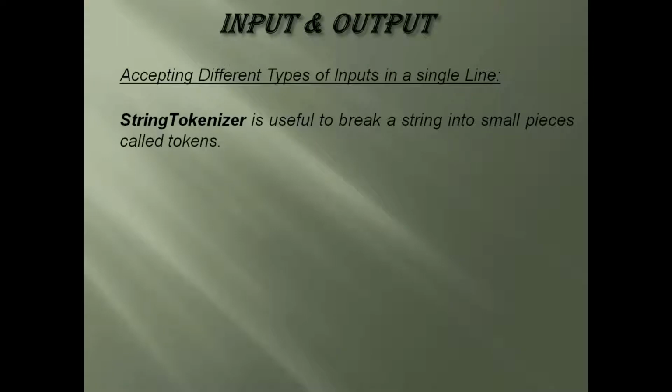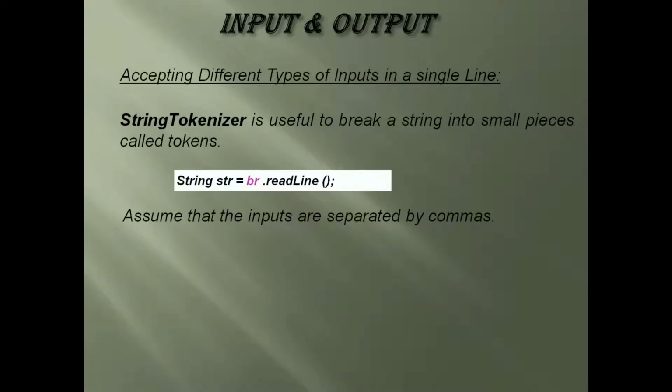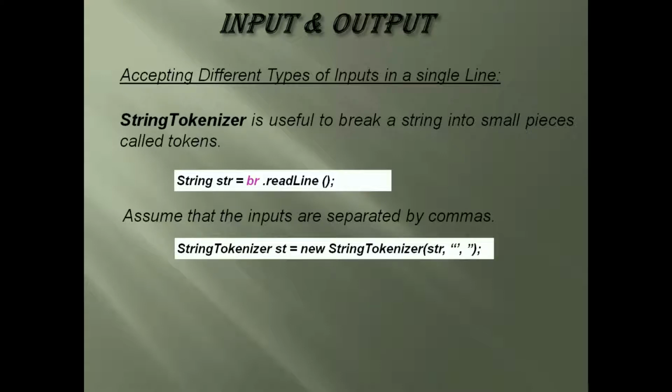Okay, first we receive a string str from the keyboard which contains different types of inputs like this: String str = br.readLine(). Assume that the inputs are separated by commas. Now pass this string to a StringTokenizer object so that it will be broken into pieces wherever a comma is found.